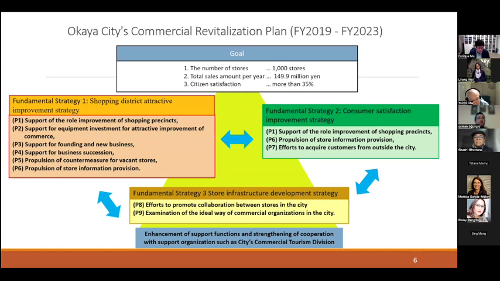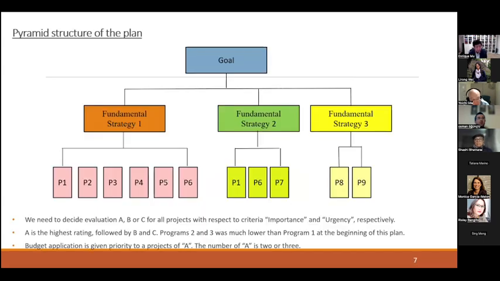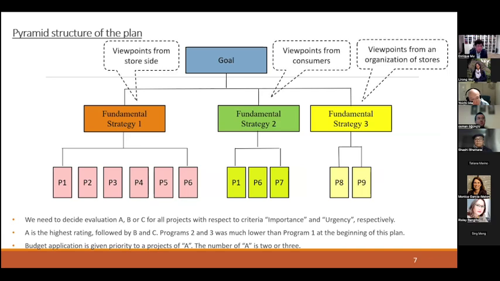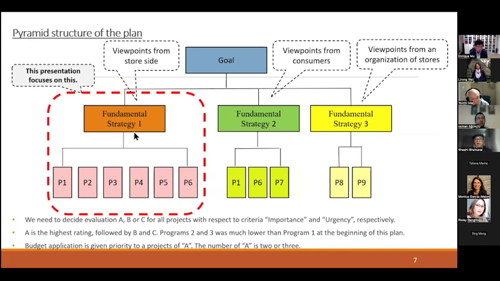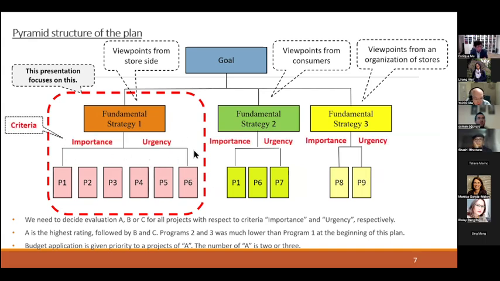When represented as a familiar hierarchy diagram, it looks like the next slide. For this presentation, I will focus only on fundamental strategy 1. This strategy contains 6 policies. The evaluation criteria for these policies are importance and urgency.